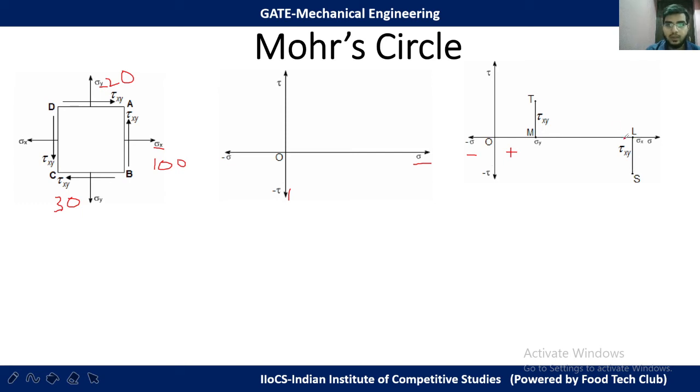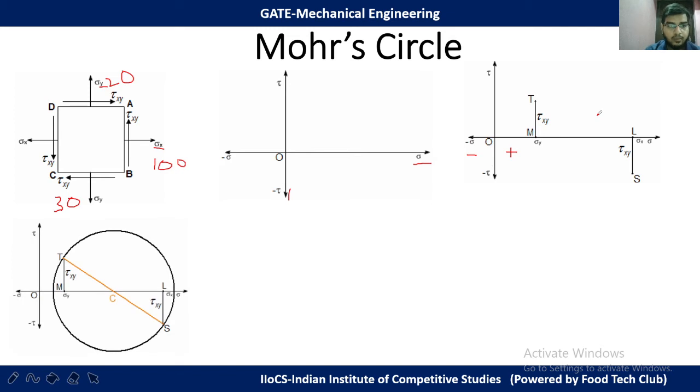Okay, then in the next step, what we will do, we will join these two points, which is T and S, and these 2 points will intersect the sigma axis at C. Okay, then we will consider this C as center, and this point T or S point.